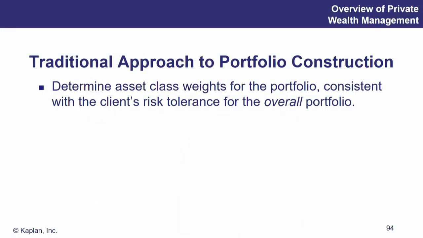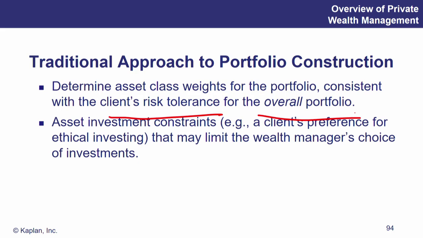But for now, just think traditional approach is just mean variance optimization. We're going to build the most efficient portfolio, and we're going to hold this thing forever, or at least till the client reaches his goal. So we're going to determine the asset class weights for the portfolio. This is going to be consistent with the client's risk tolerance, and then we're going to have an optimal portfolio.